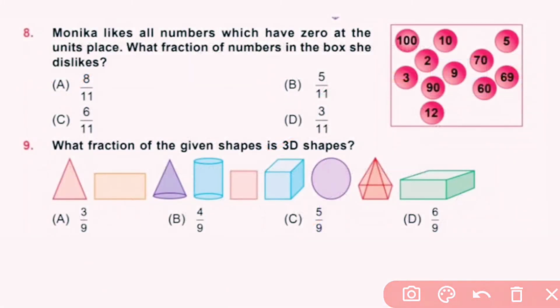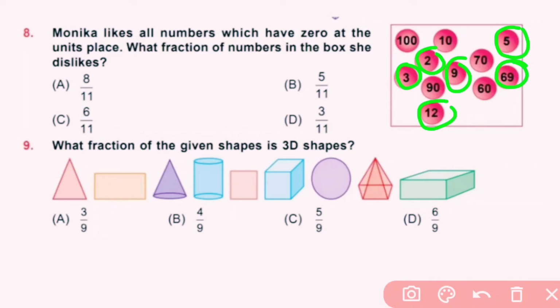Question number 8. Monica likes all numbers which have 0 at the unit place. What fraction of numbers in the box does she dislike? She dislikes 2, 3, 12, 9, 5, 69 because she likes the numbers which have 0 at the unit place.